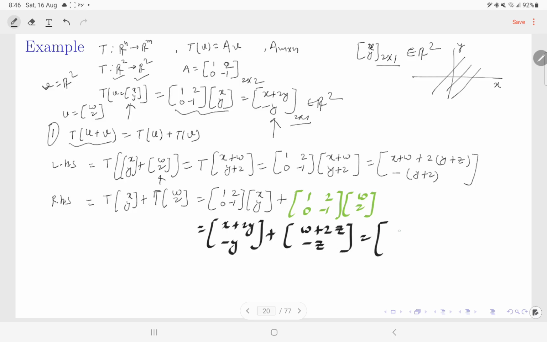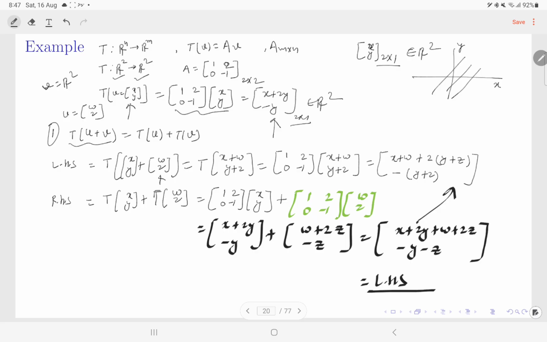If you write this, it will be x plus 2y plus w plus 2z, and this will be minus y minus z, and this is nothing but the above one, the LHS. Hence the first property is satisfied.